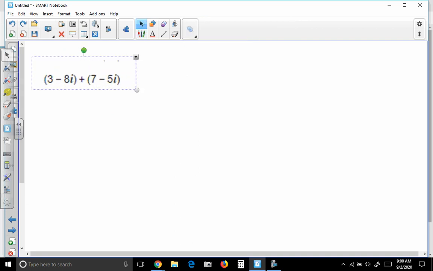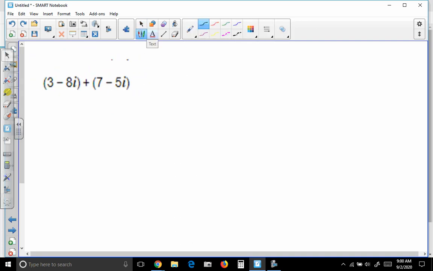So after we do that, then we start adding and subtracting real numbers and imaginary, where we consider something of this format a complex number. Complex because it's both real and imaginary. And in terms of complex numbers, this is the standard form of writing that.